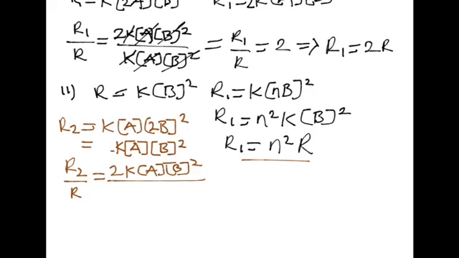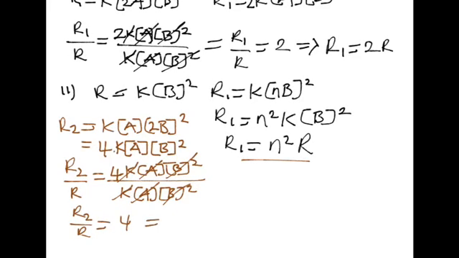So this is going to be 4, which means this also is going to be 4. So let's divide by the rate, which is our K, A, B to the power 2. Again this cancels out, this cancels out, and this cancels out, which means our R2 divided by R is going to be equal to 4.